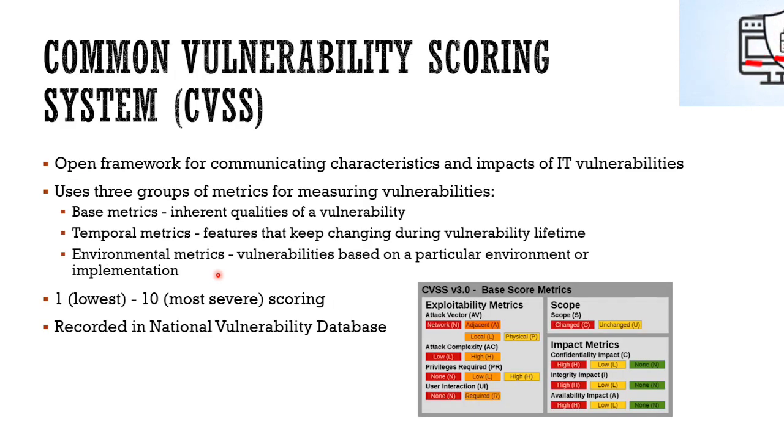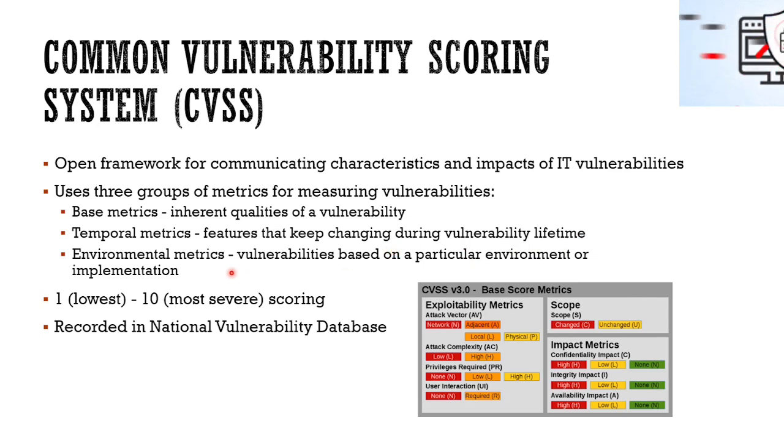I've mentioned the CVSS, the Common Vulnerability Scoring System. This is an open framework for communicating characteristics and impacts of vulnerabilities, and it uses metrics, things you can measure, for measuring the vulnerabilities. You've got the base metrics, the inherent qualities of a vulnerability, the temporal metrics, features that might keep changing during the lifetime of the vulnerability, and environmental metrics.